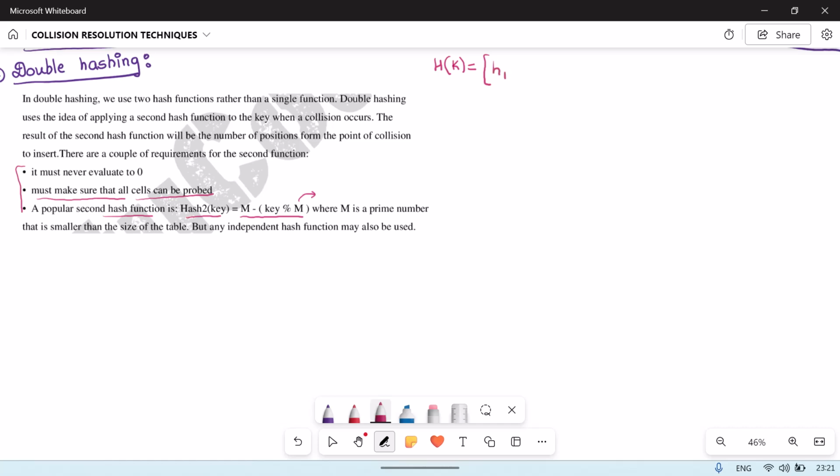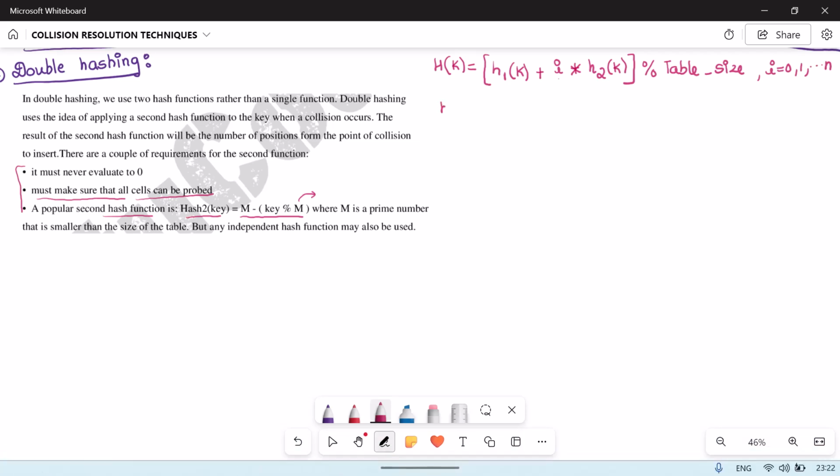So it is h1, this is your first hash function, plus i star h2 of k, mod the total table size. You might be wondering what this i is. i will have value 0, 1, 2 up to n. I will explain this when I take up an example.